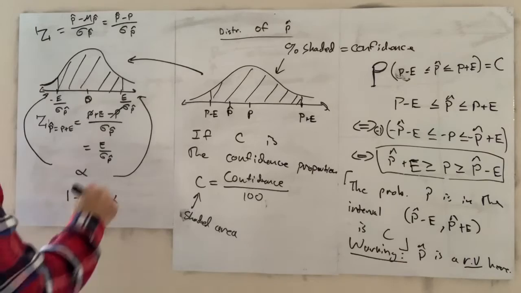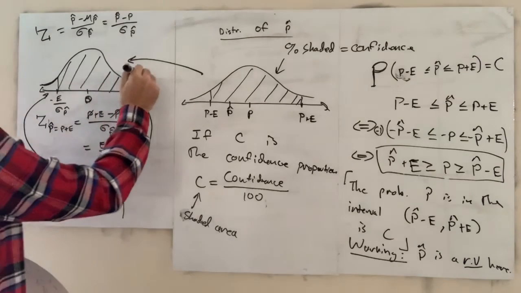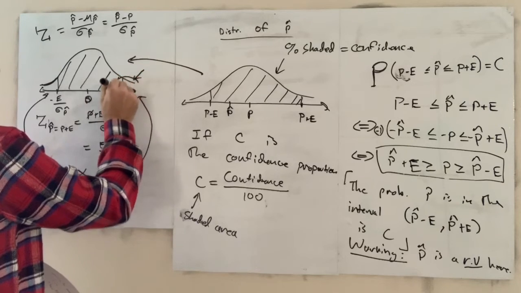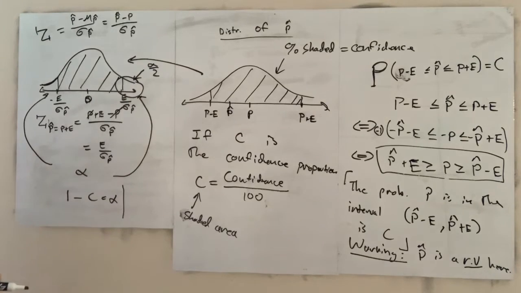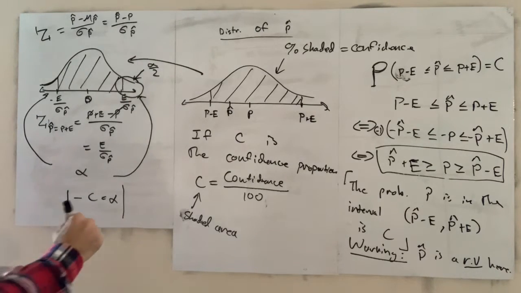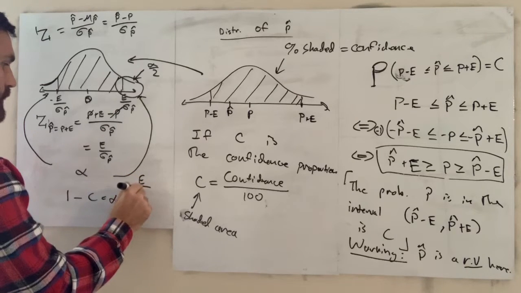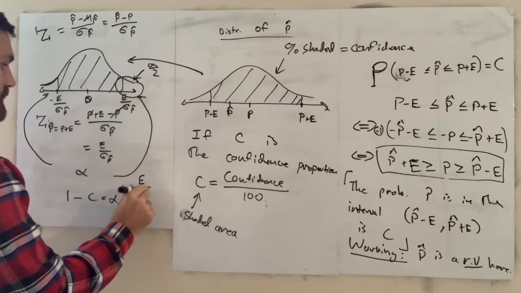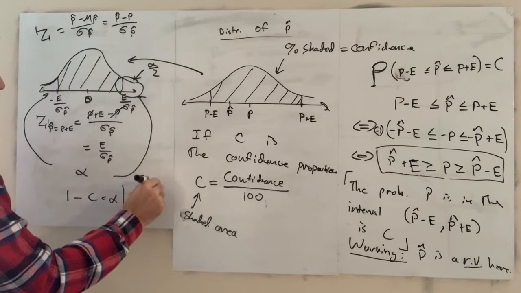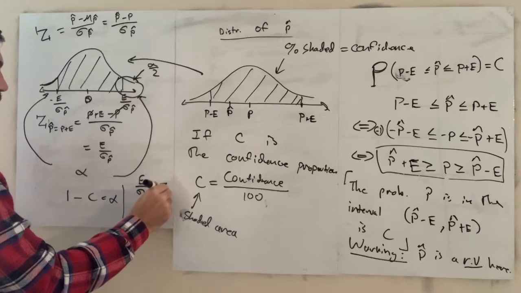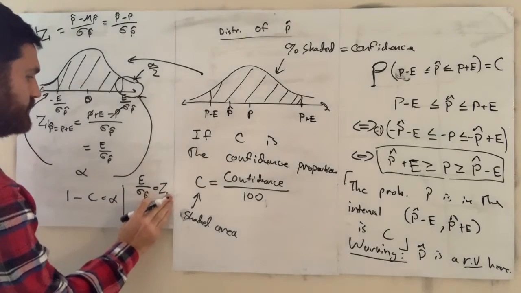And so what we can do is say this particular thing has to be alpha divided by 2 because of symmetry. And so what we're going to get is E over standard deviation of p hat has to be equal to Z at alpha over 2.